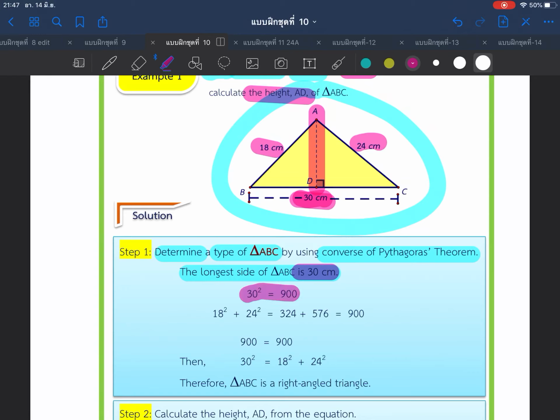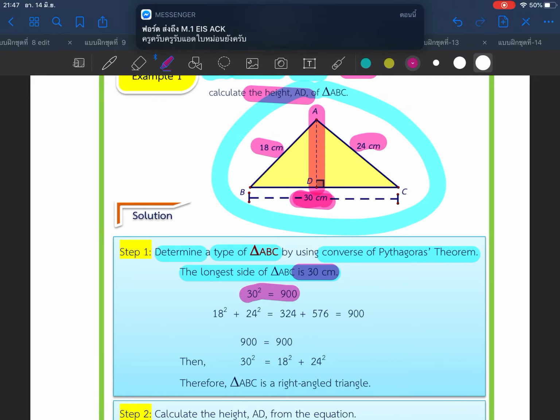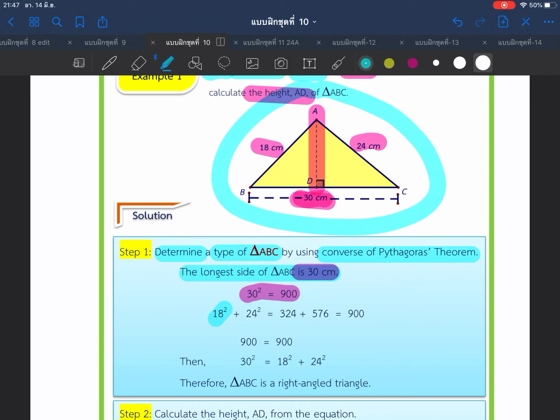30 square is 900, just leave it at that. After that, 18 square, the other side here, add 24 square, the other one, is equal to 324 add 576, which is 900.